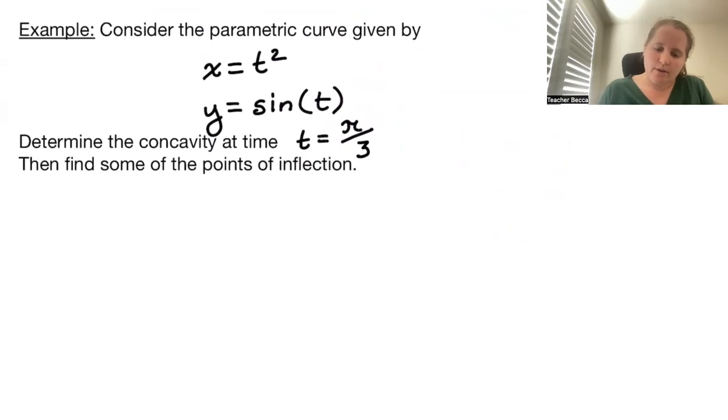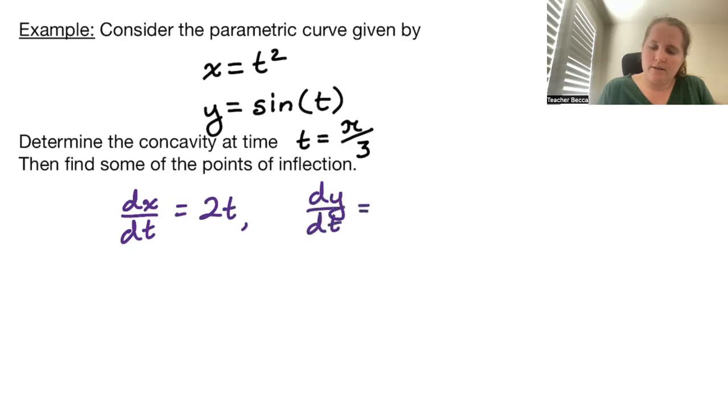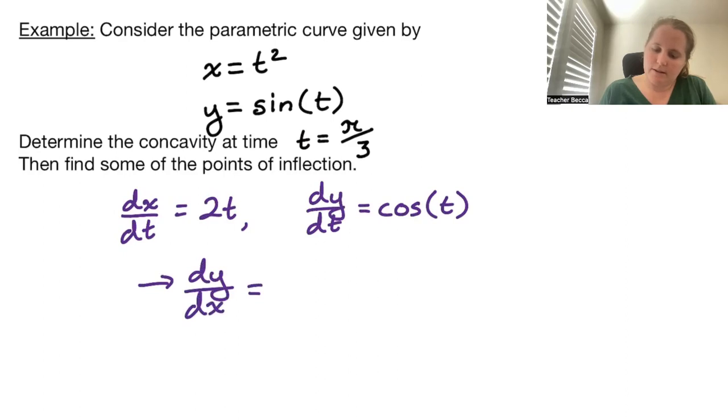So we have that dx dt, again, was 2t. dy dt is cosine of t. So we have dy dx is cosine of t over 2t.